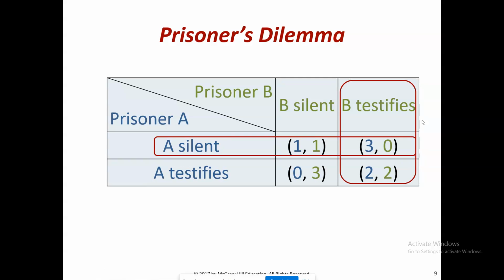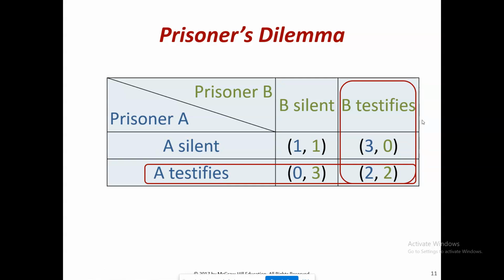If A remains silent but B testifies against A, A will serve 3 years in prison and B will be set free. If A and B testify against each other, they will each serve 2 years.